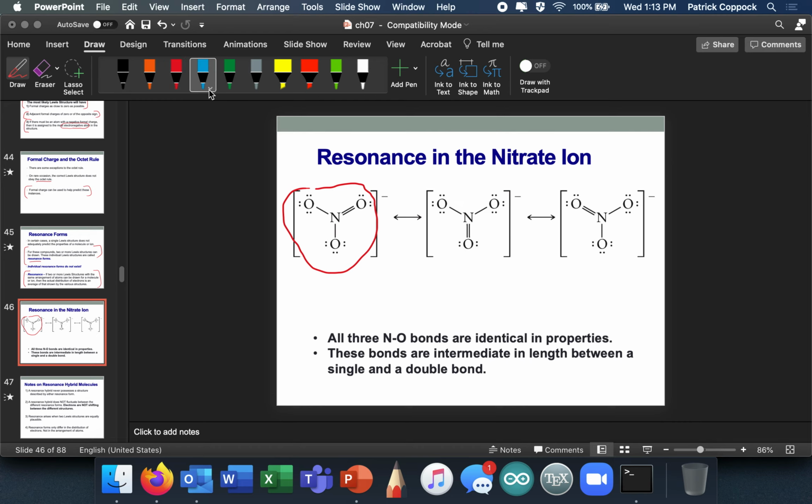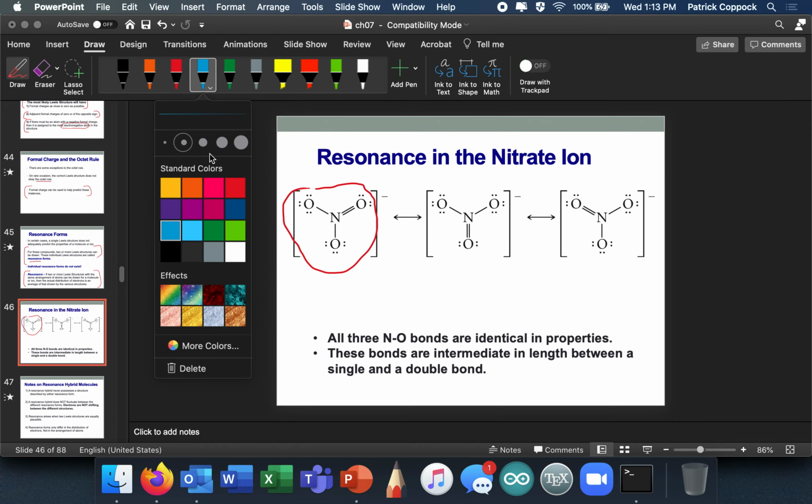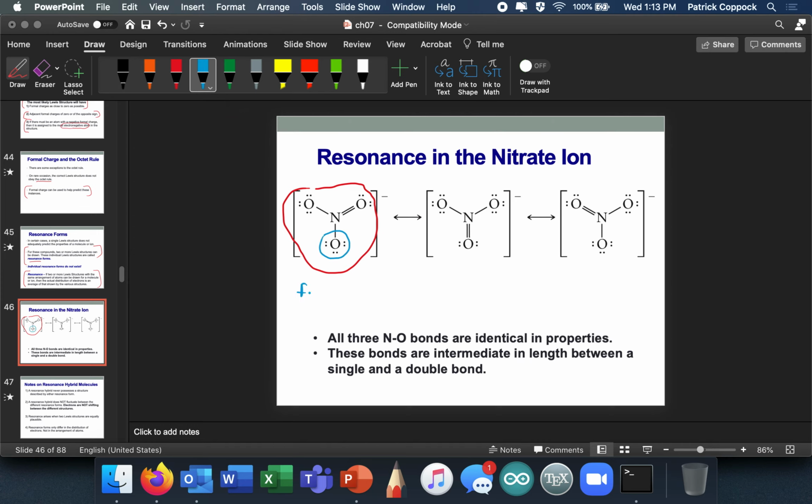Now all three NO bonds are identical. By the way, let's do formal charge for a couple of these. Let's do formal charge for this one right here. The formal charge is equal to the valence number. This oxygen is in group 6, so it's 6 minus all of the lone pairs.